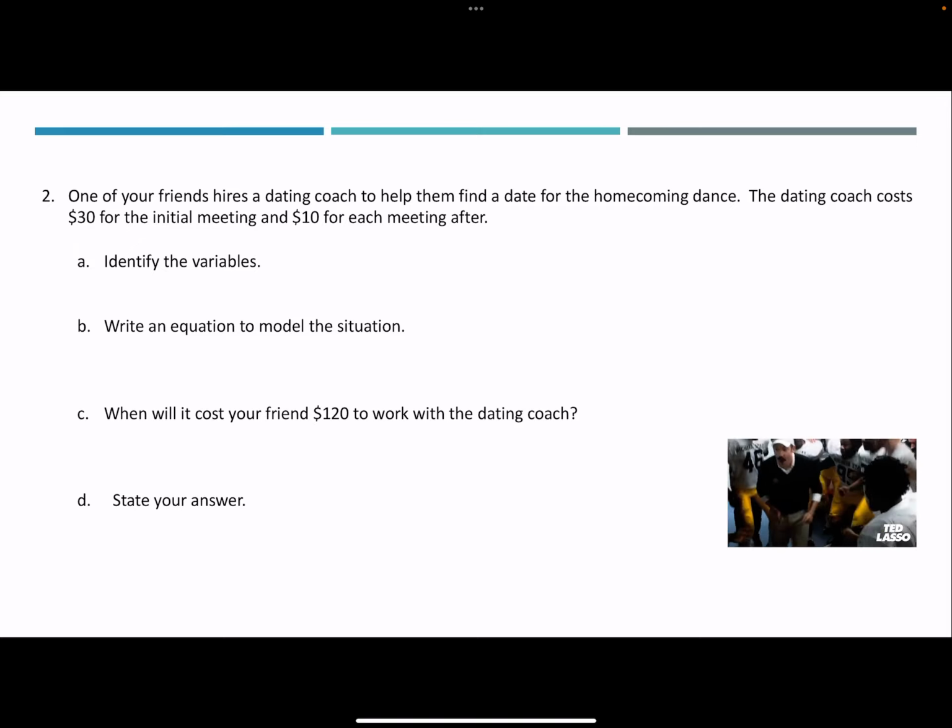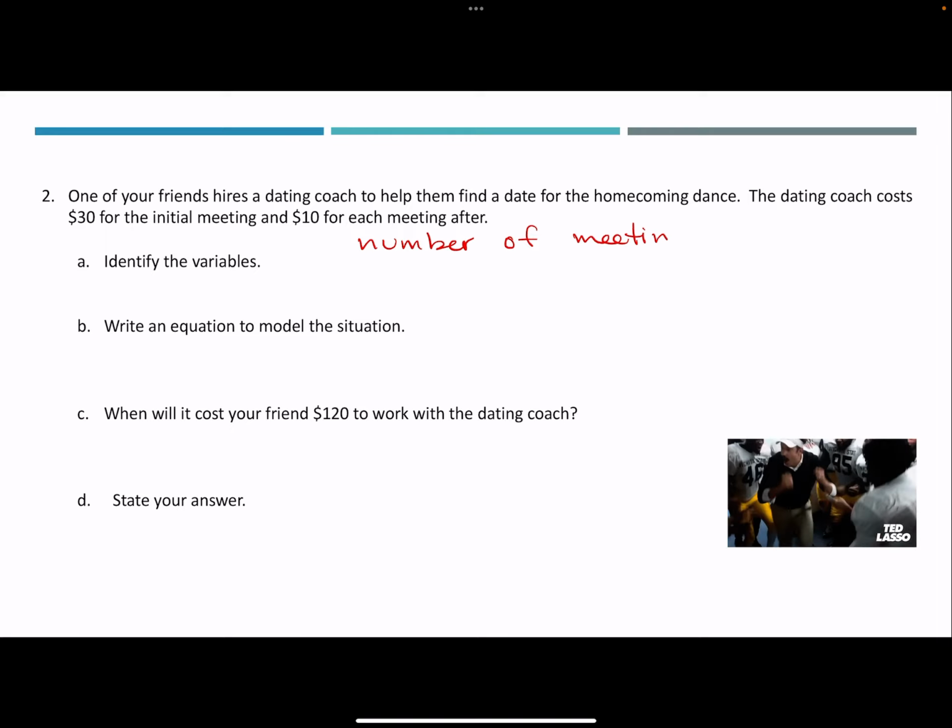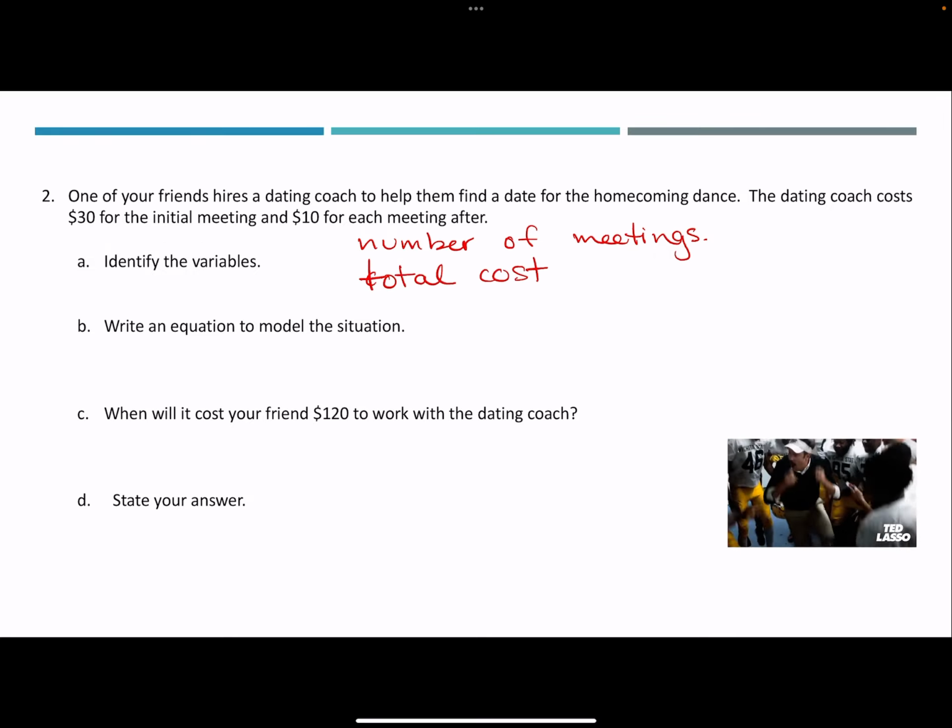So the variables, the things that could change in this situation, are the number of meetings that you have with the coach, and then the other thing that changes is the total cost. The number of meetings is going to affect the total cost that you pay. So the number of meetings is independent, total cost is dependent.